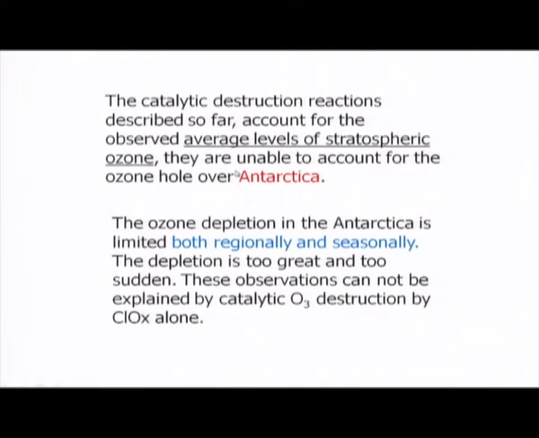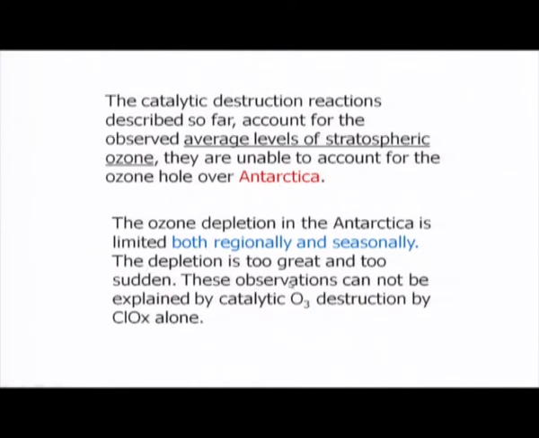As we discussed before, air pollution episodes go with the place name: London smog, Los Angeles smog, etc. Similarly, the ozone hole is popularly called Antarctic because this hole was first observed in the Antarctic region. The ozone depletion in the Antarctic region is limited both regionally and seasonally. This is a special point to be noted, especially for the Antarctic region.